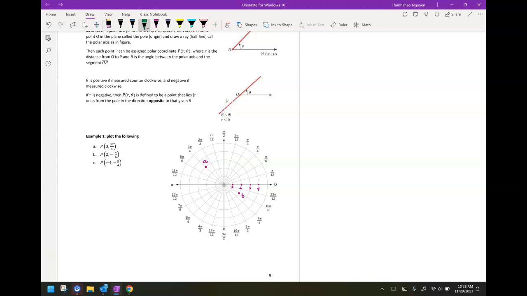Negative pi over 4 is at 7 pi over 4 with the radius of 4, but we have to reflect this across the origin, because the radius is negative. So 7 pi over 4, reflected over. So this is point C, because it needs to reflect across the pole.